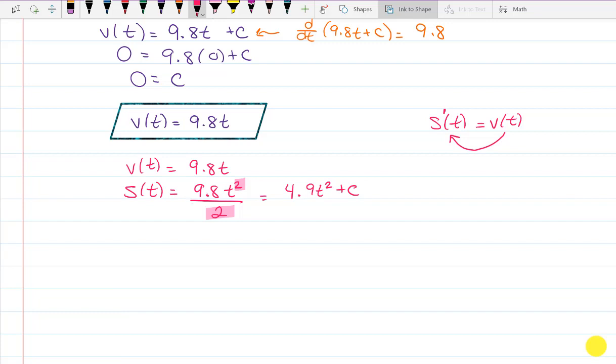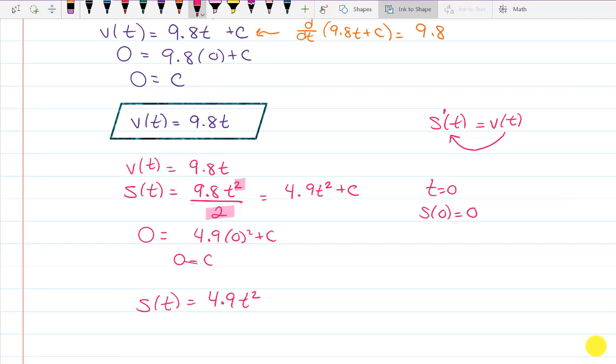Well, if we haven't started moving when t is 0, s of 0 is also 0 because we haven't moved yet. So we set the whole thing equal to 0. 4.9 times 0 squared plus c, and you get c is also 0. So then your position formula, s of t, is just 4.9t squared.